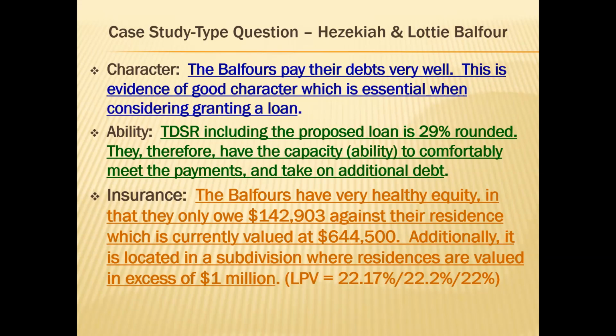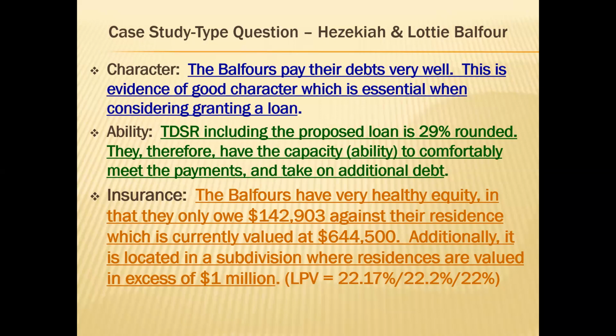So they're not at the high end of the range. They are probably somewhere in the middle there. So there are properties that are within the millions. So getting this property sold shouldn't be a problem for the bank in the event that they need to rely on security.